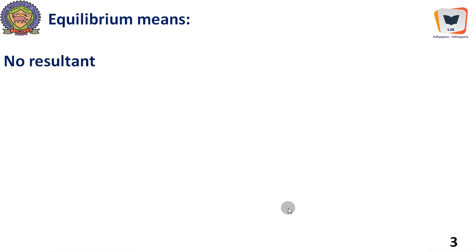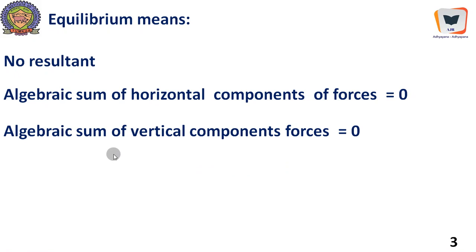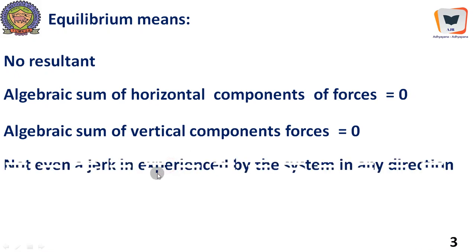Equilibrium means, in summary, that if a system is in equilibrium, there is no resultant in that particular system. The algebraic sum of horizontal components of all the forces should be equal to 0, and the algebraic sum of vertical components of all the forces must also be equal to 0.